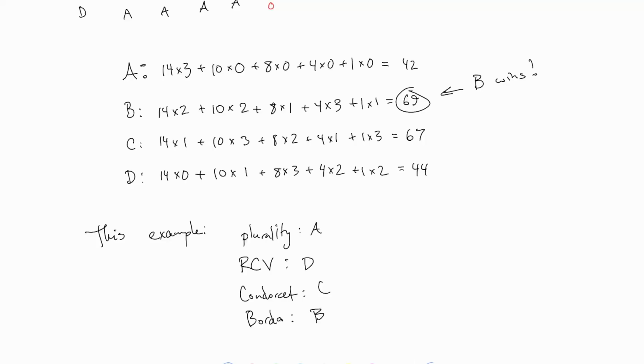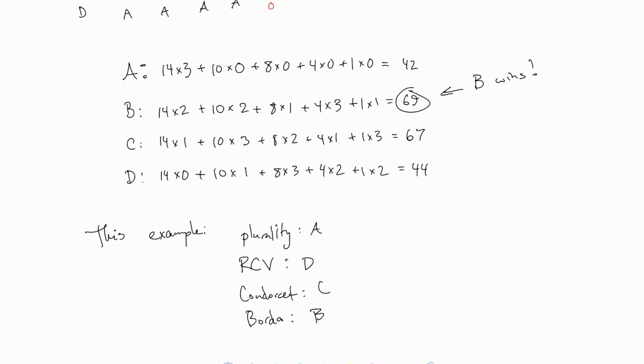And the natural question to ponder is, okay, fine, who's the real winner though? And the answer is, what do you mean real? There is no real winner. These are just 4 different ways that you could judge the election. And I would say none of these are obviously the right way or the true way to do it.